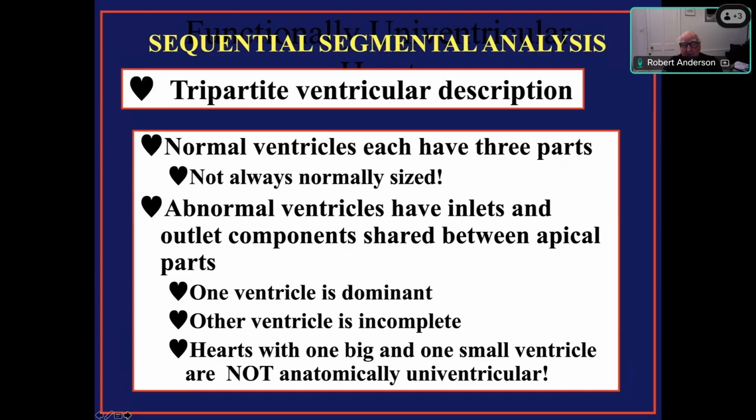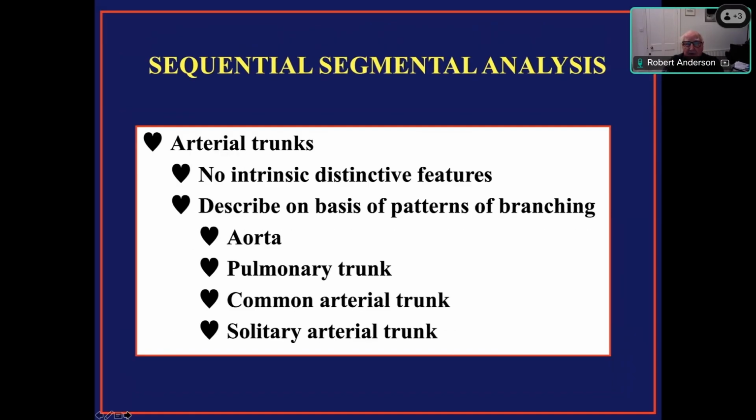And that tells us the hearts that have one big and one small ventricle are not anatomically univentricular, although, as we will discuss, frequently they have a univentricular atrioventricular connection. But it is the tripartite approach that resolves any problems we have with ventricular description.